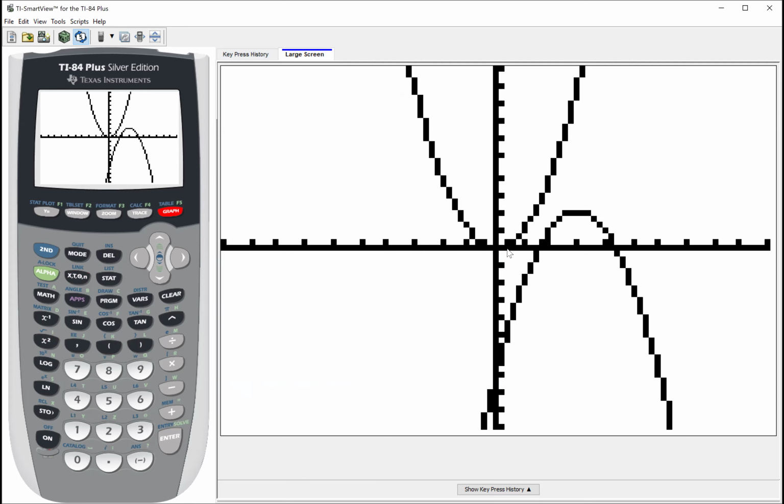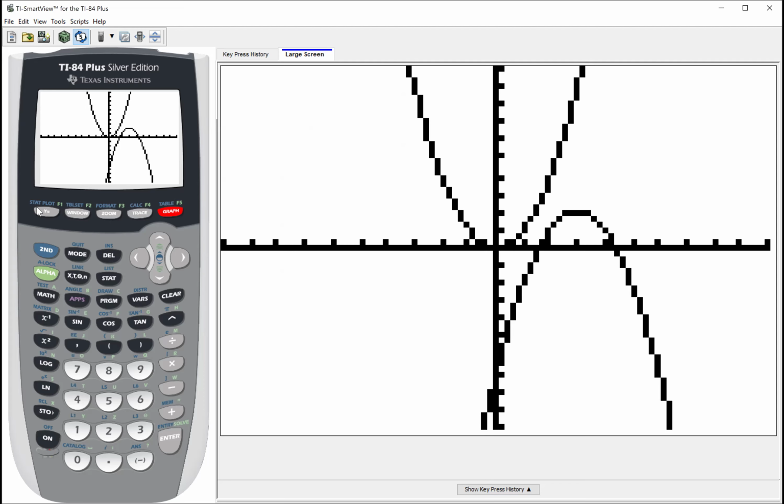So you see how the graph was shifted to the right 3. It was shifted vertically down 2 units, but then we reflected the graph over the x-axis, right? So all the points were reflected over the x-axis.